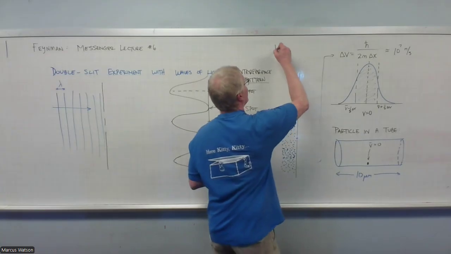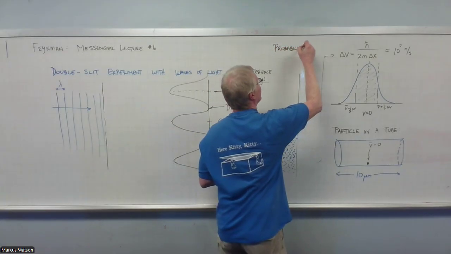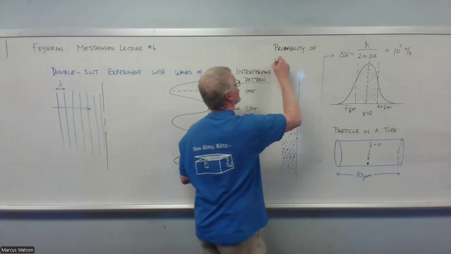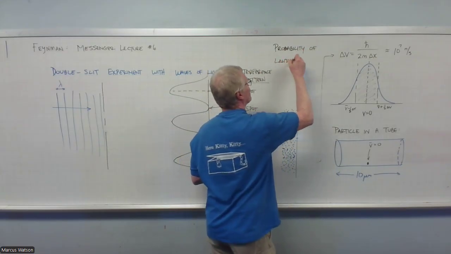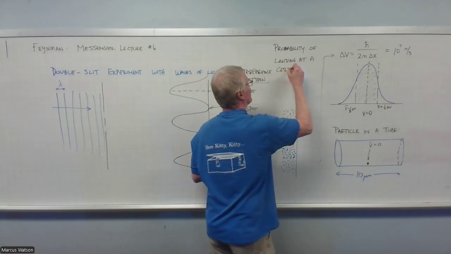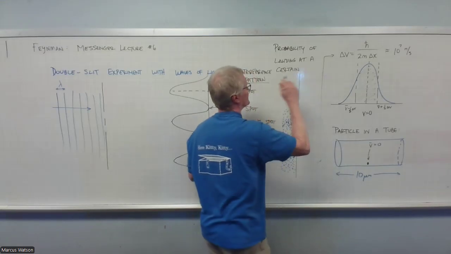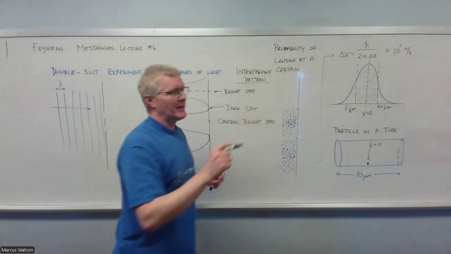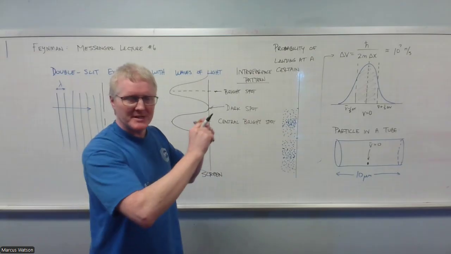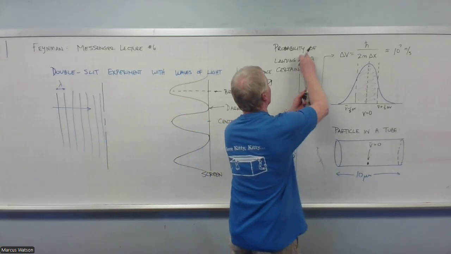So probability of landing at a certain spot, I don't want to say one particular point, so I want to say it's in a certain area. So let's have it land in a certain area.